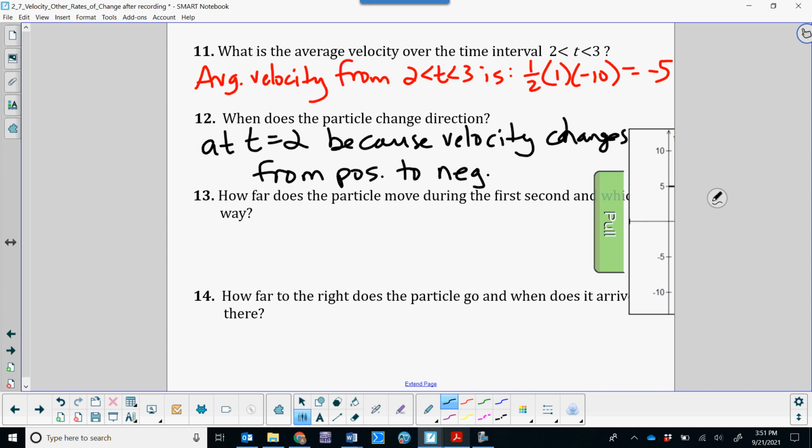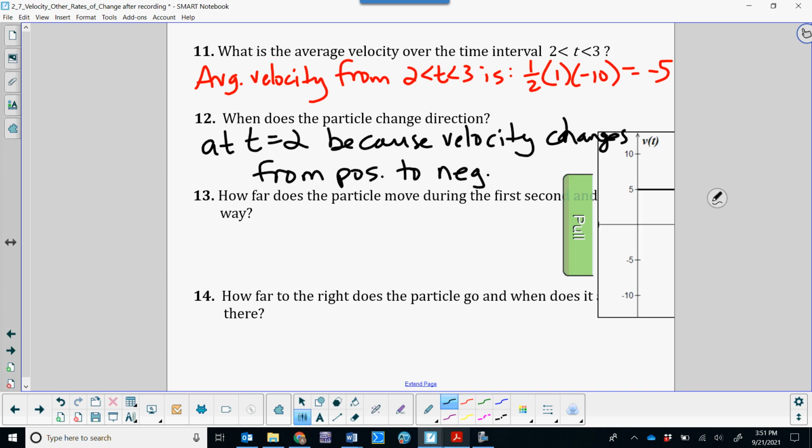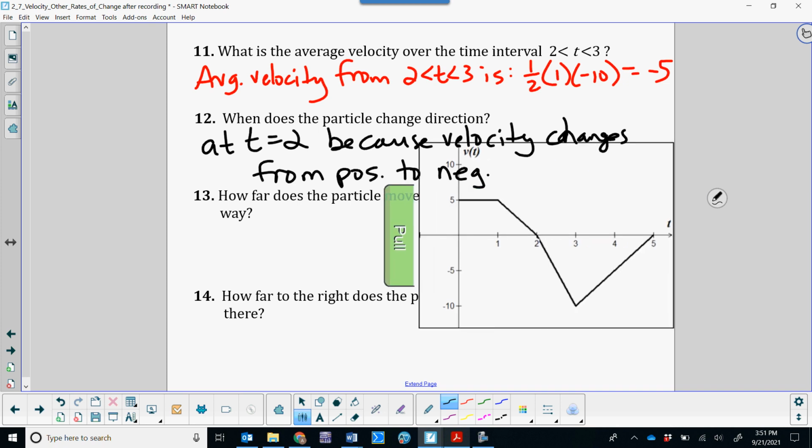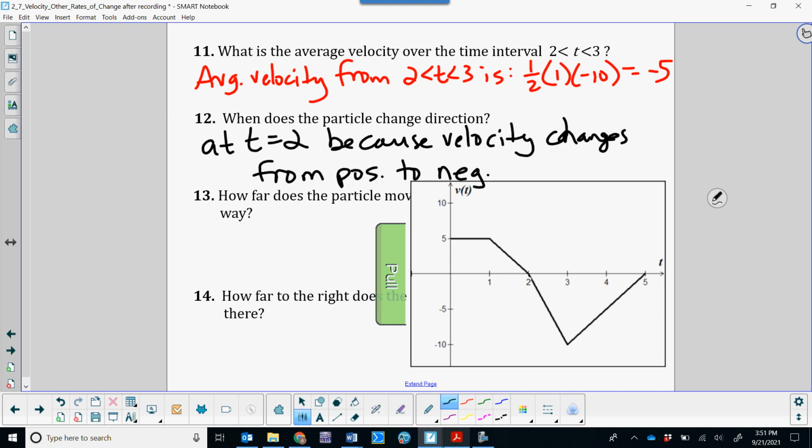13 says, how far does the particle move during the first second, and which way does it move? We want to know how far it moves in the first second. The distance that it moves would be the area underneath during this first 1 second. So this area here would represent how far it went, and then they want to know which way it went. Well, it's all positive. It's moving to the right.